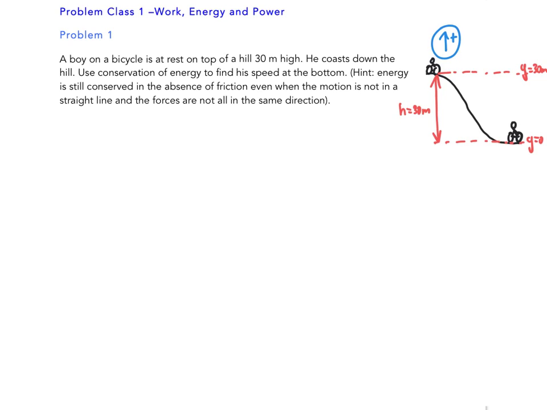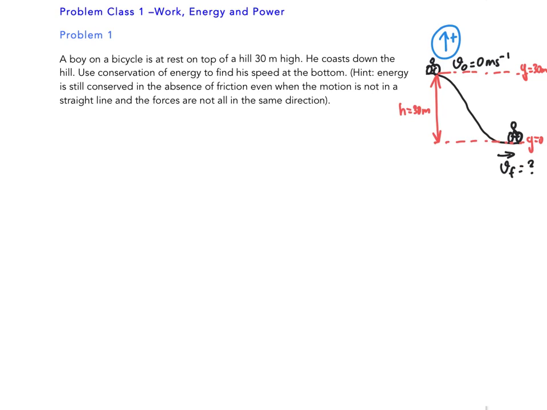Another thing we have is his initial velocity, v naught, which is 0 meters per second. He's at rest at the top, and we want to find his final velocity. That's what the question's asking for.